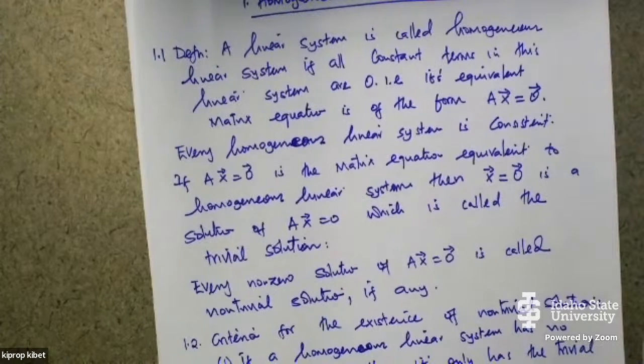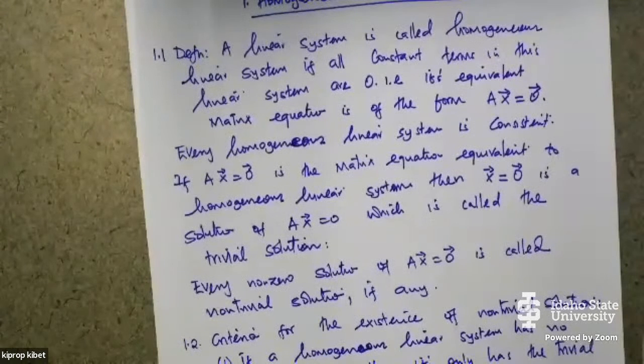So when you reduce the matrix and find that we don't have free variables, it forms the trivial solution. But if you find some free variables, then it means it is non-trivial. So the solution vector x is not equal to the 0 vector.